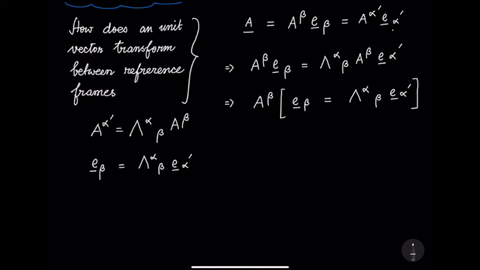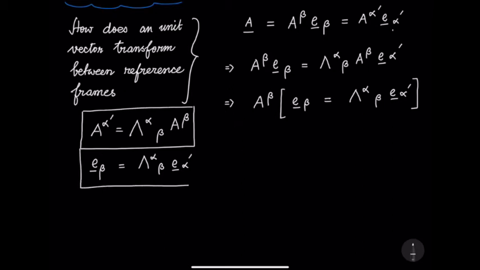There is a difference between these two lines. The line on the top tells you how the component of a vector transforms. The line on the bottom tells you how the vector itself, one vector, which is a particular vector called unit vector, transforms. Remember that E beta has 4 components, so does E alpha prime.